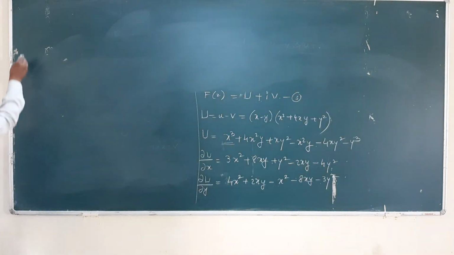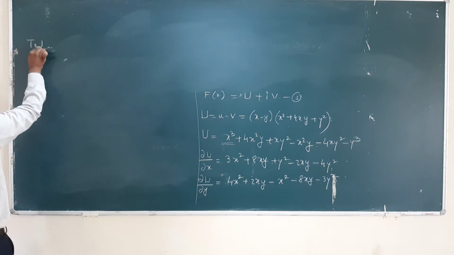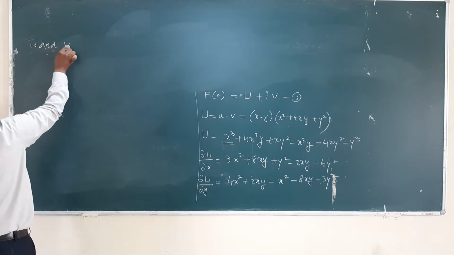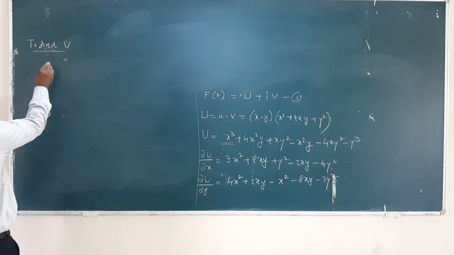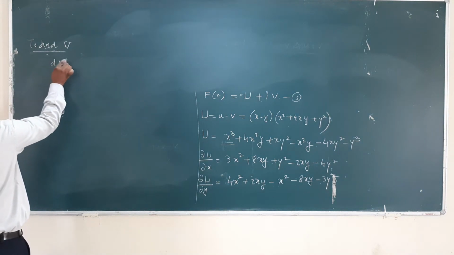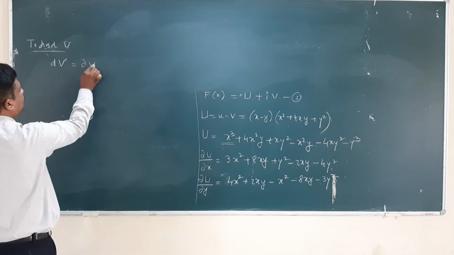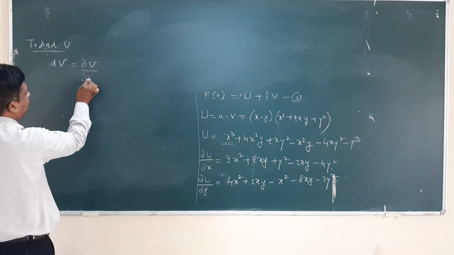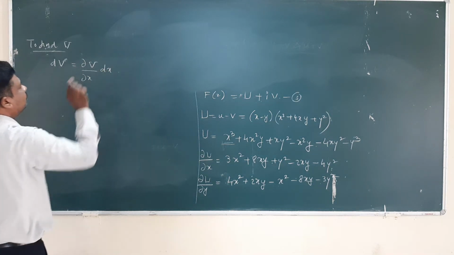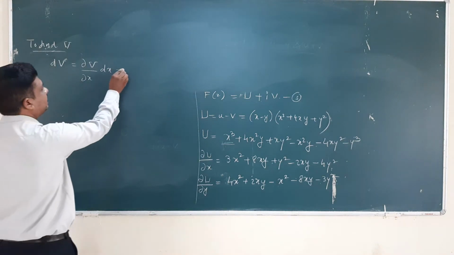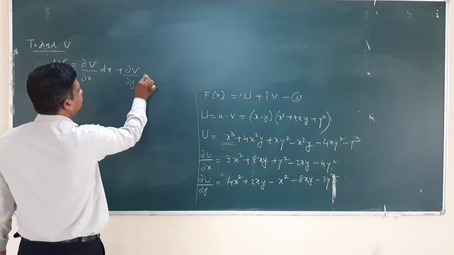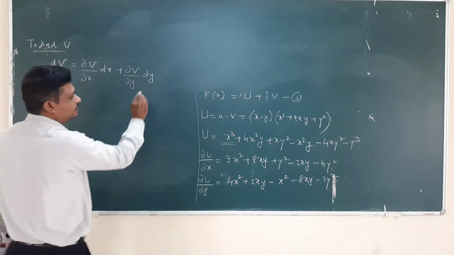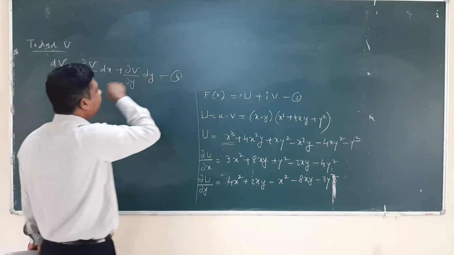So now to find V, here I will apply the total differentiation formula. That is dV is equal to dou V upon dou x into dx plus dou V upon dou y into dy. So I will take this one as equation number 4.